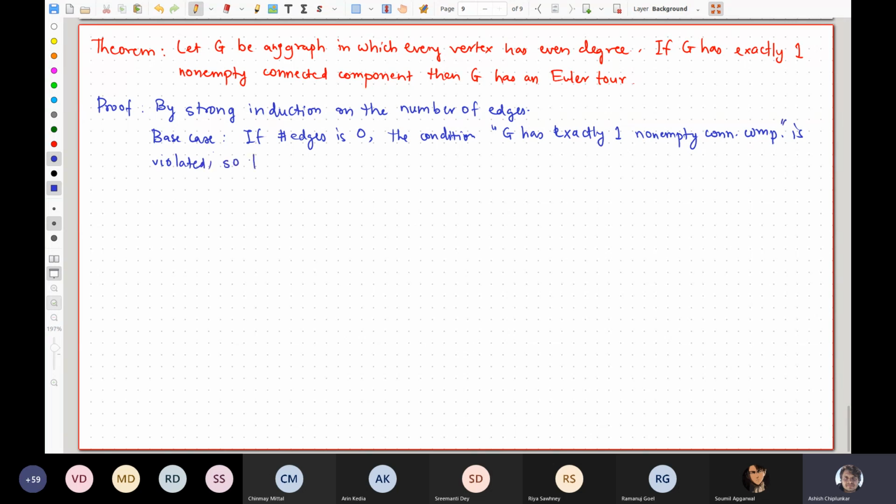So the claim is true. A statement of the form P implies Q is true if the statement P itself is false. So, inductive case.